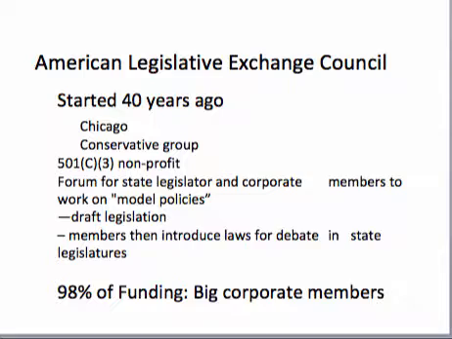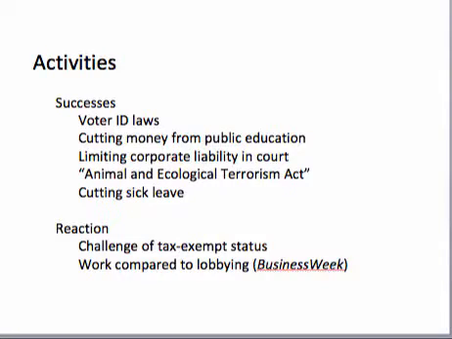They have pushed through legislation about voter ID laws, cuts to public education money, limiting the liability that corporations have in court, classifying any sort of exposing of animal cruelty as terrorism, and cutting sick leave for workers. These are all areas where ALEC has been very successful at the state level at pushing legislation through.